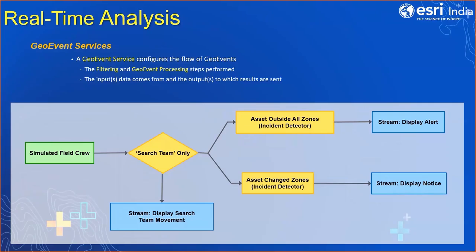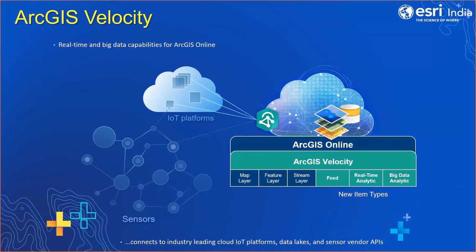So it can be a stream service or a feature service, which we expose this incoming data as after processing. And once that is done, then we generally disseminate this information on a dashboard. Operational Dashboard is out-of-box available in the enterprise system as well as ArcGIS Online.